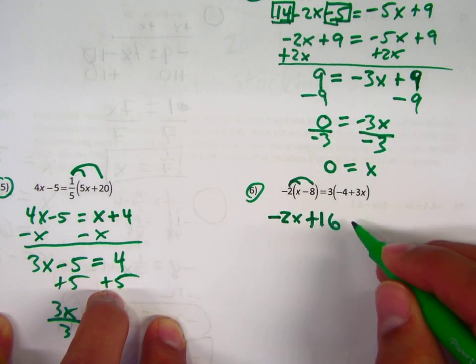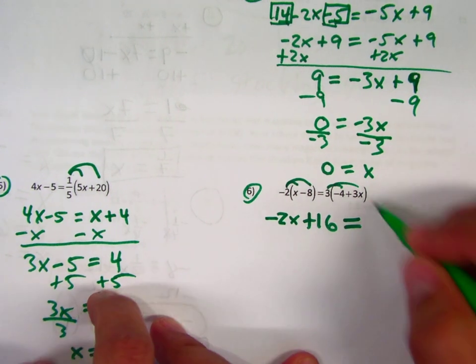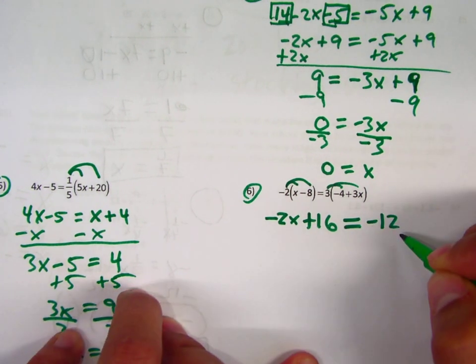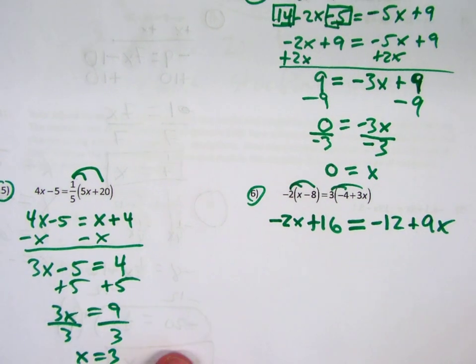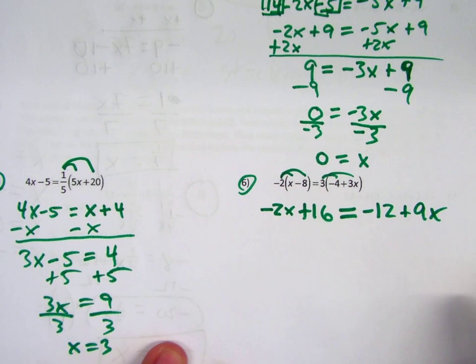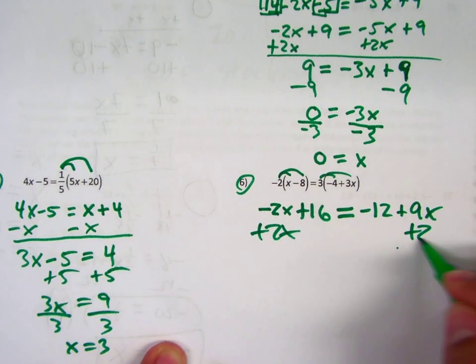Good. And then you did the same thing on this side. Multiply the 3. So -12. 3 times 3 is 9. Okay, and then what? Plus 2x, sounds good to me.